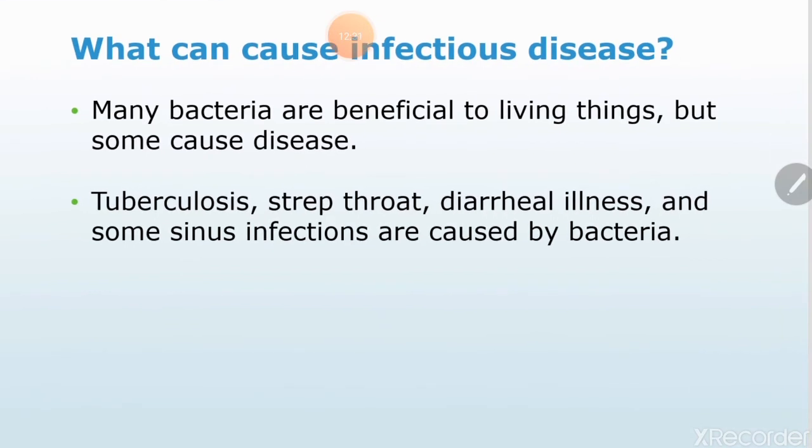Here they mention the tuberculosis. What is tuberculosis? It is a bacterial infection that affects the lungs. In this disease, the patient will cough with blood, finally, and mostly it causes death.